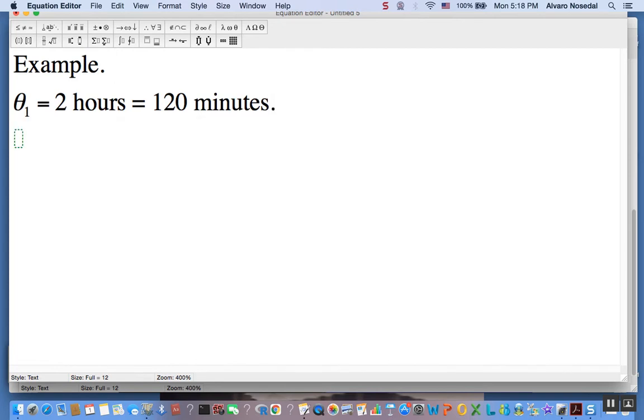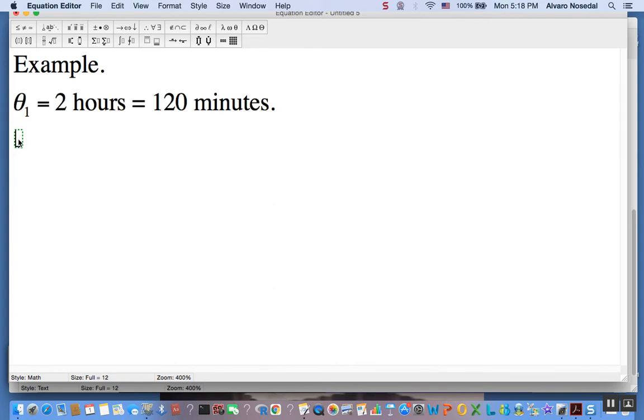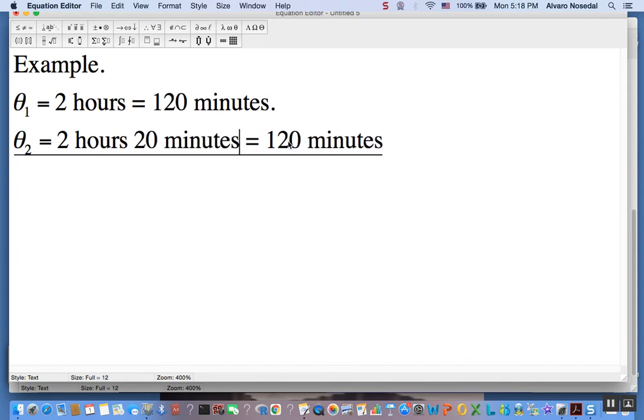Theta 2 would be the right end of our interval, and it's assumed to be 2 hours and 20 minutes. So 2 hours, 20 minutes, that's 140 minutes, right?